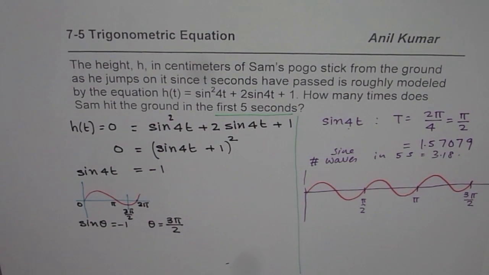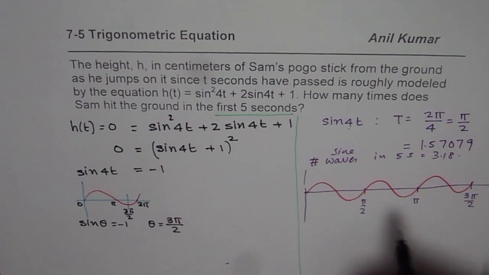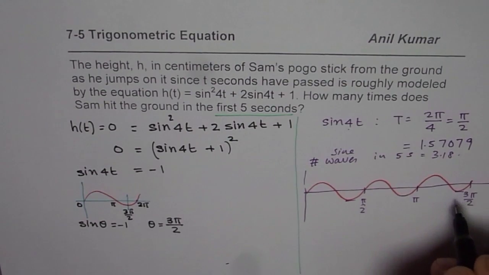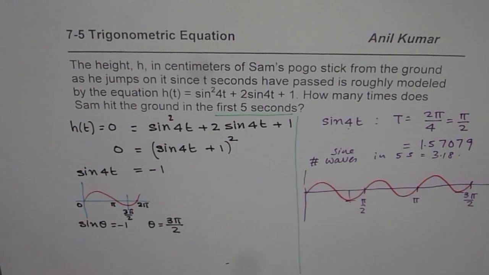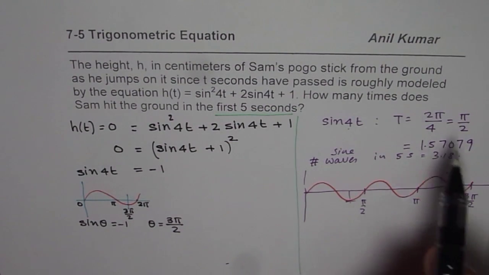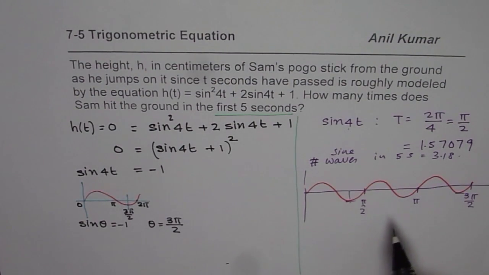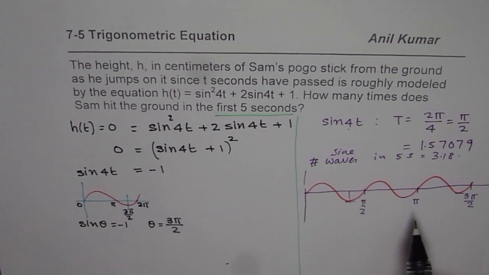That is how the waves are going to be. And when we say minus 1, we are looking for these answers, and as you can see, there are 3 particular answers. Now let us continue with our solution. That is all the thinking or background knowledge which you need to answer this question.